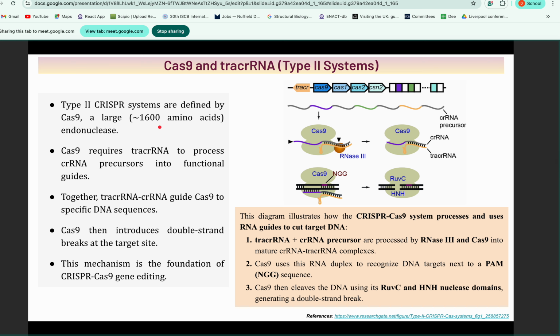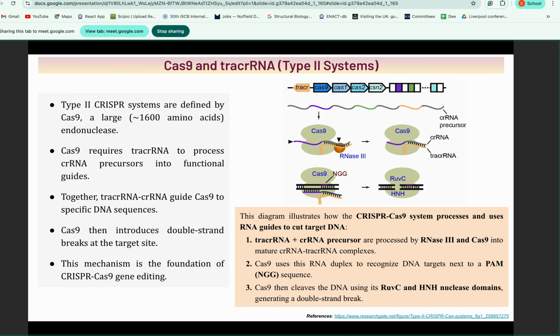I just want to give you a brief recap. When we were talking about zinc finger motifs or zinc finger nucleases, we mentioned that along with those elements which are DNA binding, we are adding nucleases. Similarly, in the case of TAL, the transcription activator-like effector molecules, we also add nucleases, and it becomes TALEN.